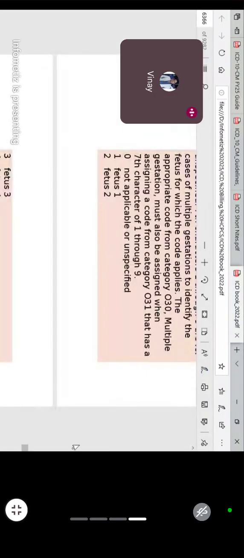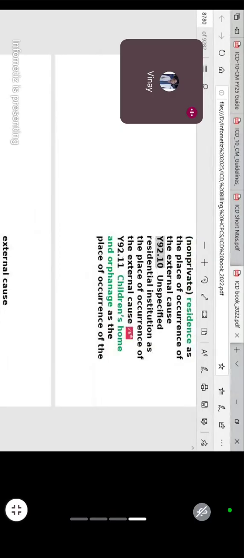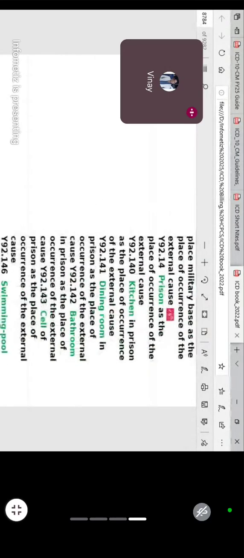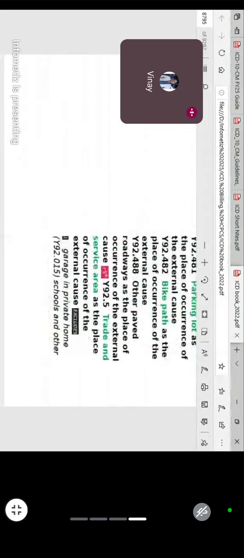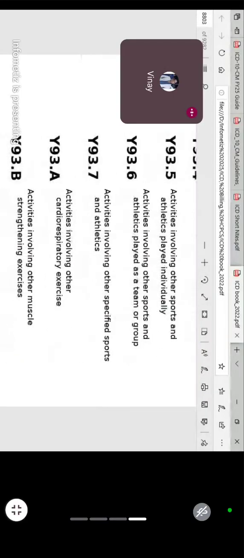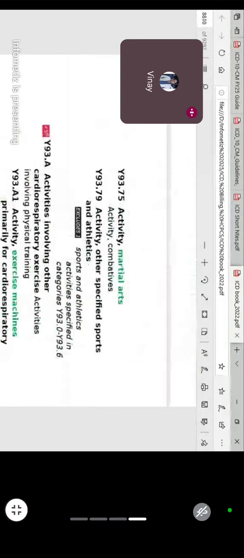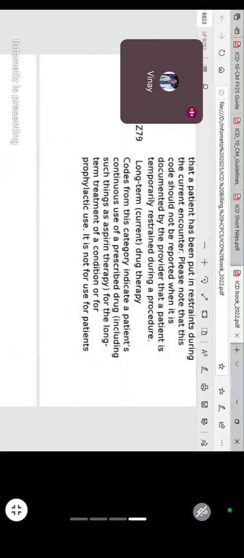So let me come to that code. I'll show you. That is only for outcome of delivery, not even for the baby. What has happened? Single baby, double baby. Okay. Z37.